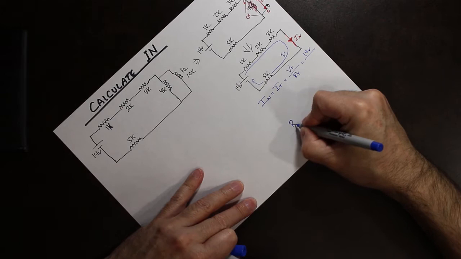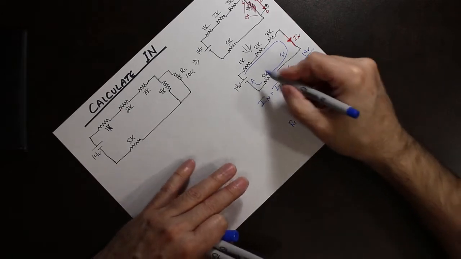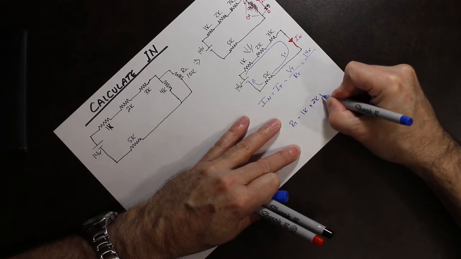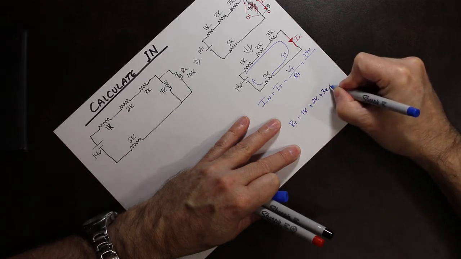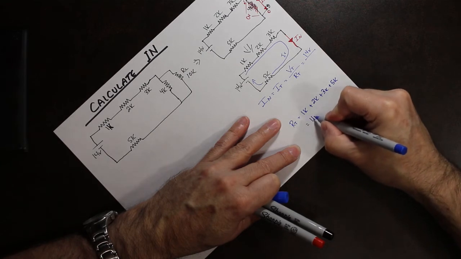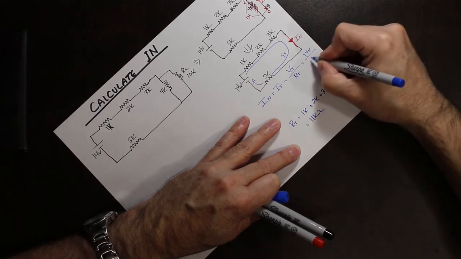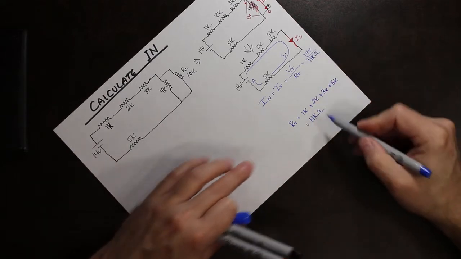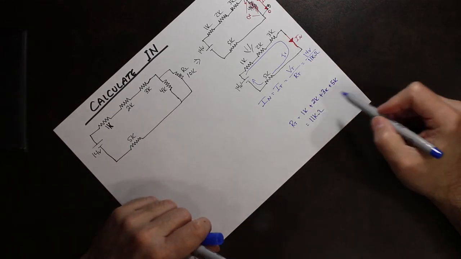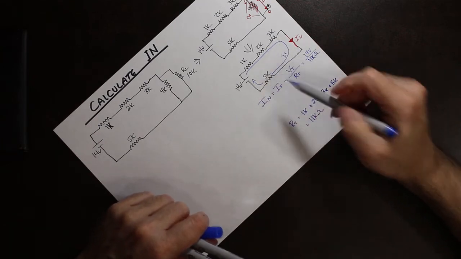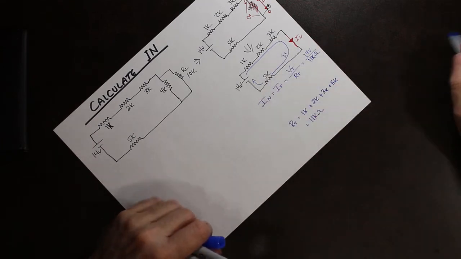So we need to find our R total. R total is 1K plus 2K plus 3K plus 5K, and that works out to be 11 kiloohms.